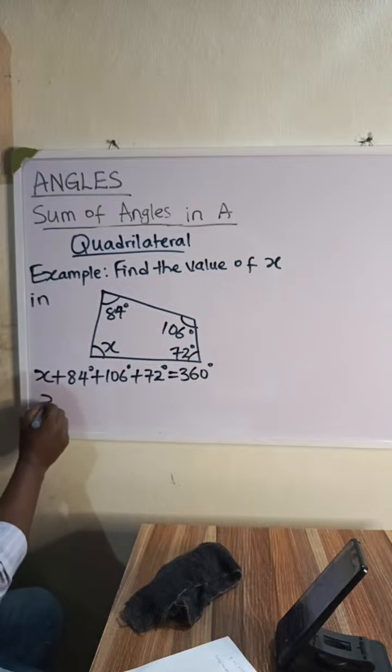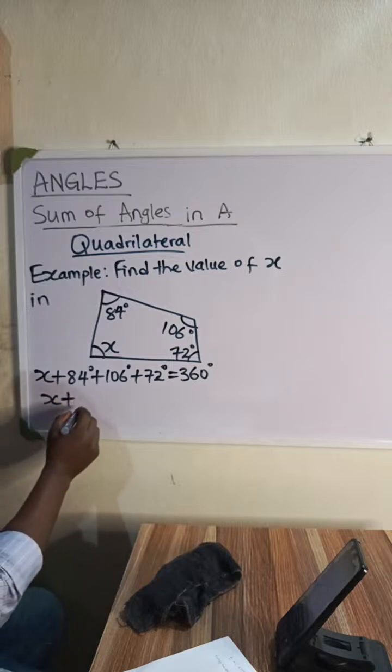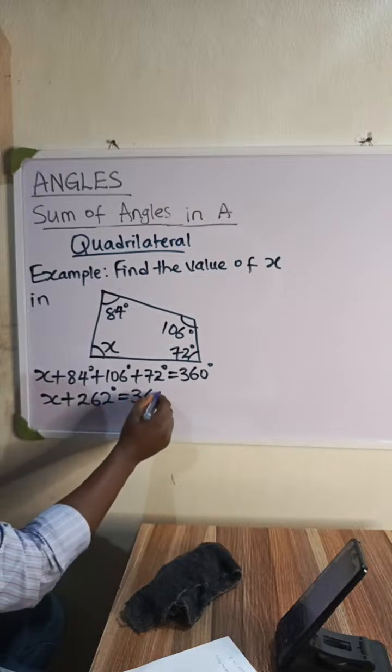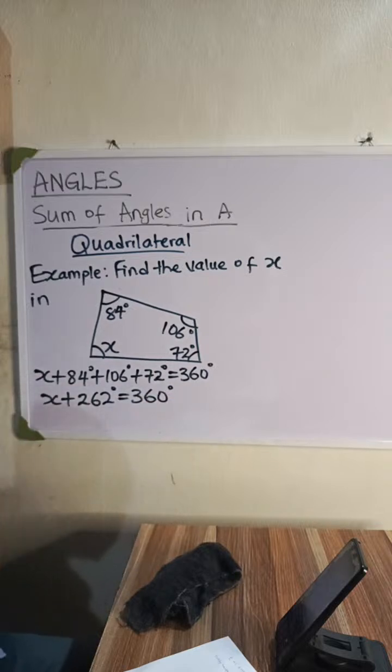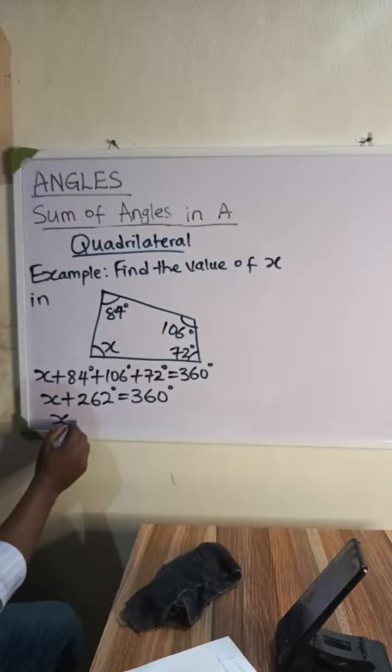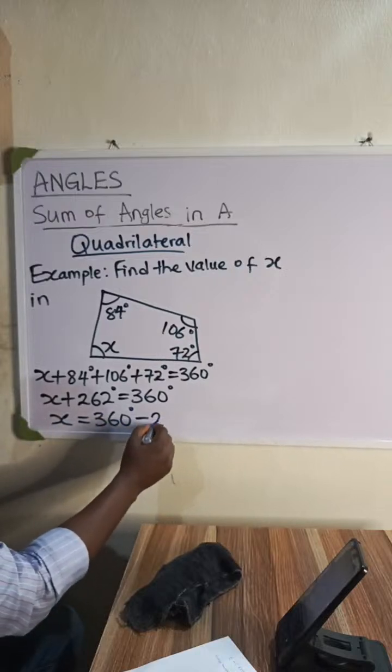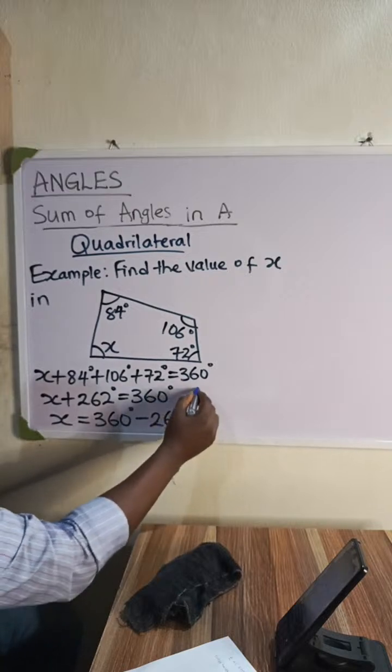So x plus 262 degrees is equal to 360 degrees. Okay. So x is equal to 360 degrees minus 262 degrees. So what would that be?